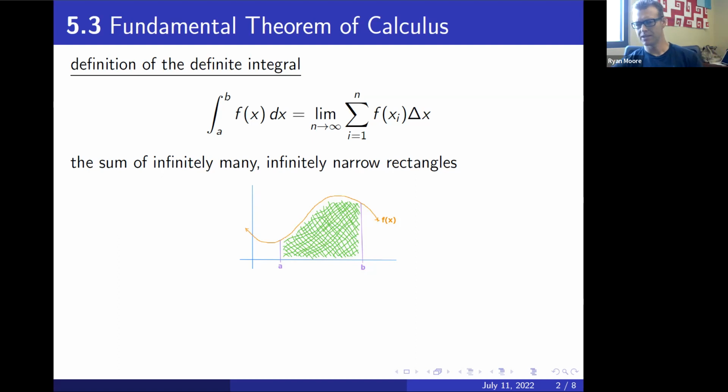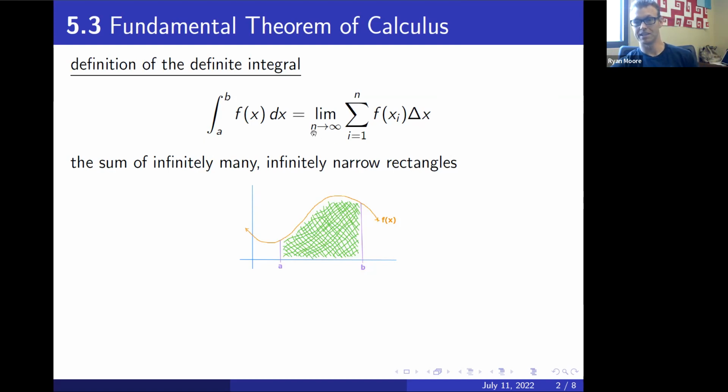How did we learn how to do that? We said, hey, let's apply this limit of the summation. And essentially what that limit of the summation is doing, we're finding the sum of infinitely many, infinitely narrow rectangles. So the stretched S is for the sum. What are we summing?